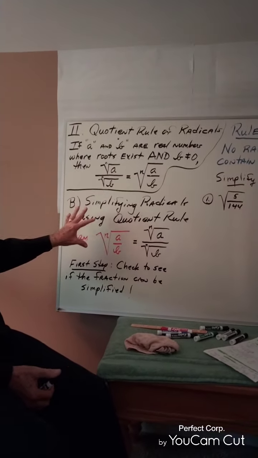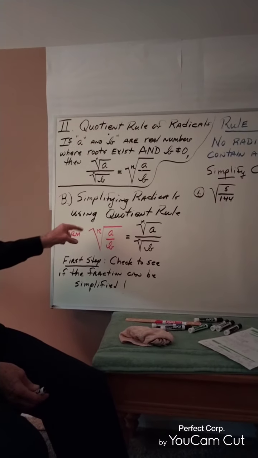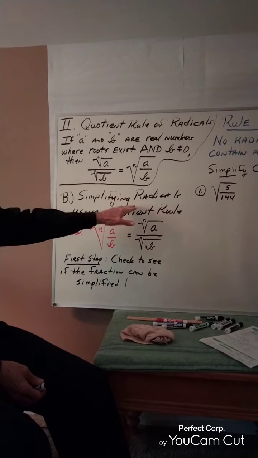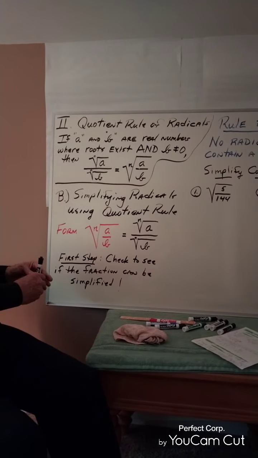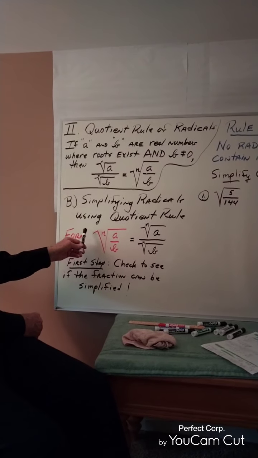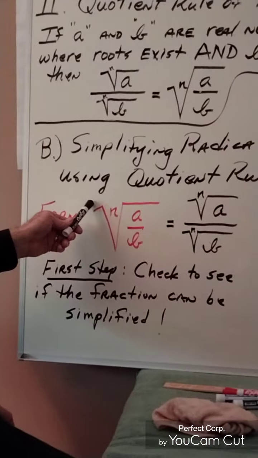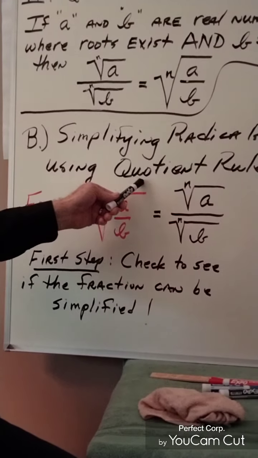Well, now we're going to go the opposite way. Now we're going to use the quotient rule to simplify radicals. And now I guess we can say the shoe is on the other foot. Now the form that we're going to be looking at and emphasizing is what you see in red right here.